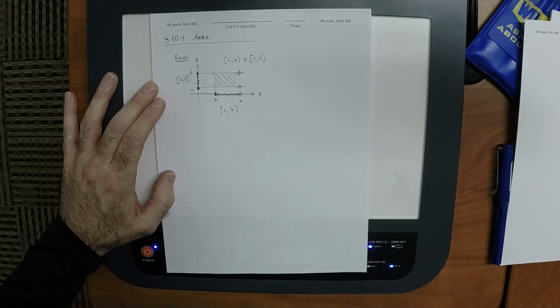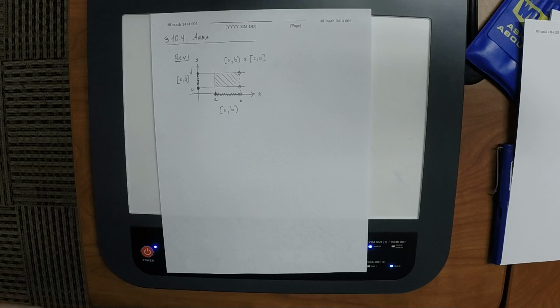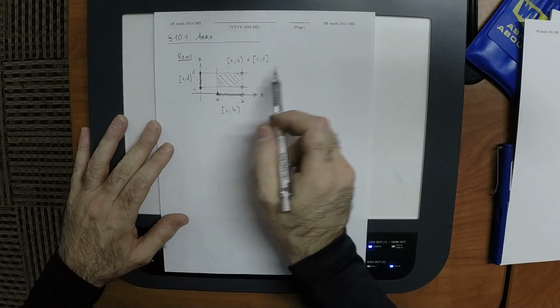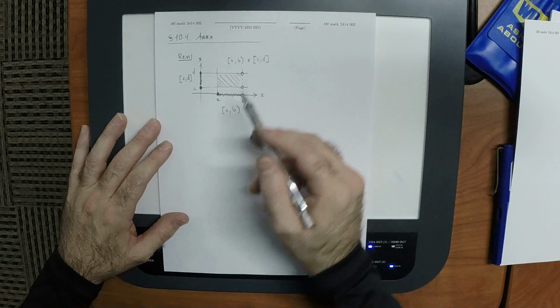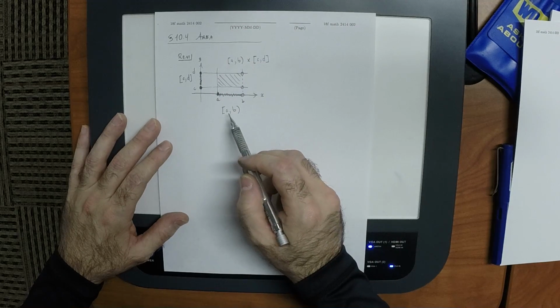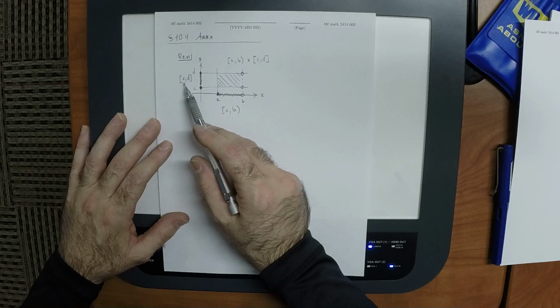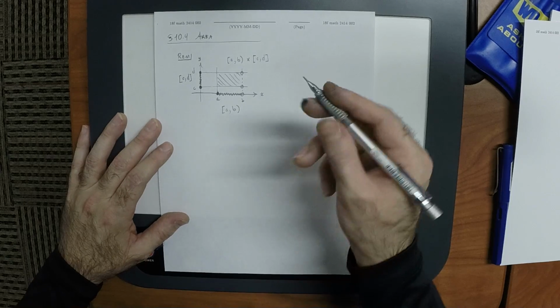A rectangle, right? Which is why this is called the rectangular coordinate system. So what I want you to interpret is that x's come from that set, and y's come from that set.